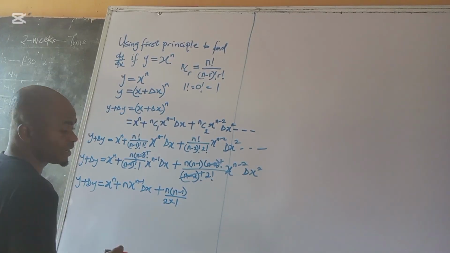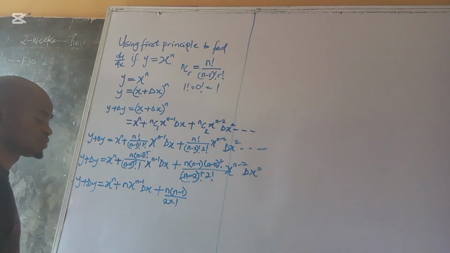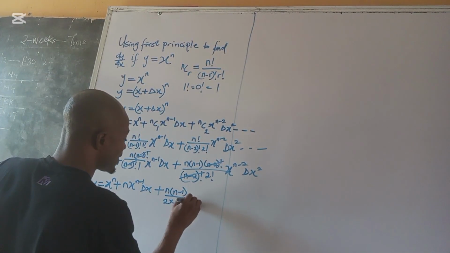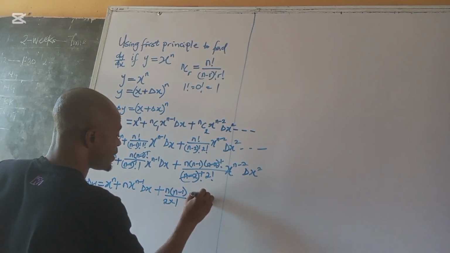If it is 3 factorial it will be 3 times 2 times 1.